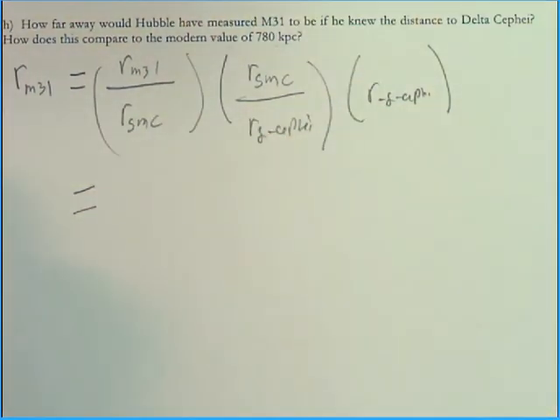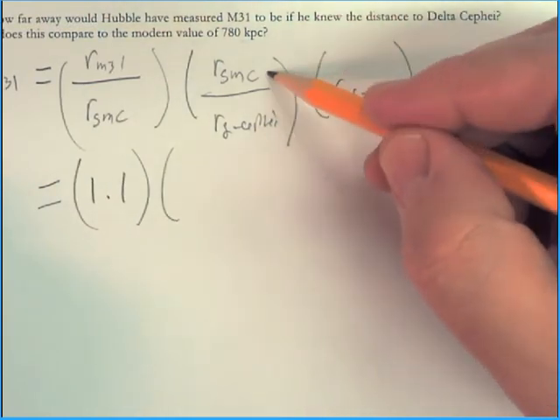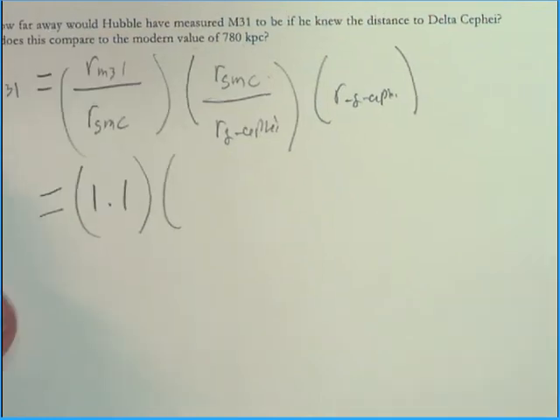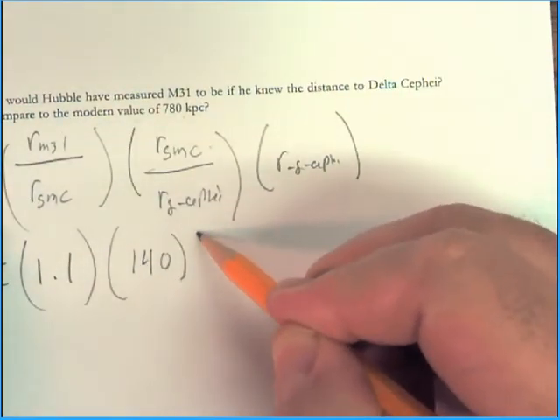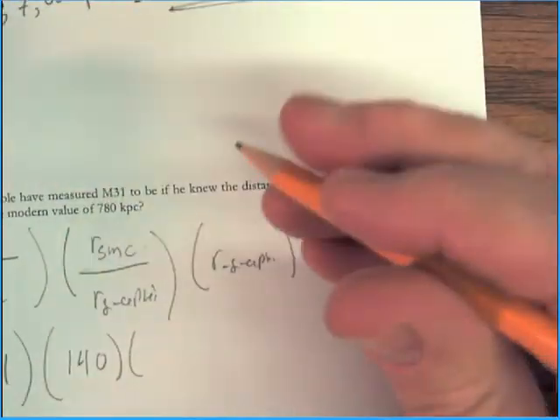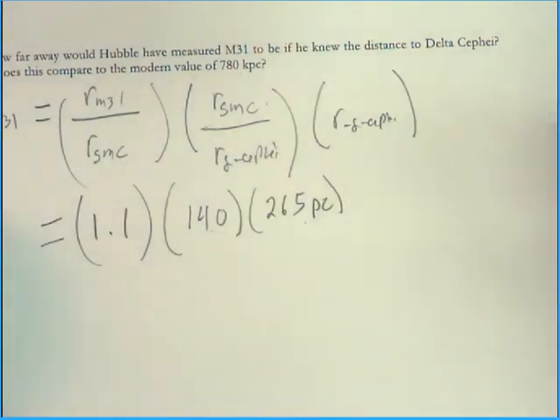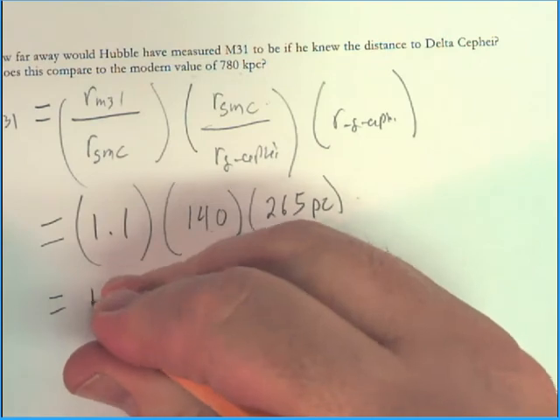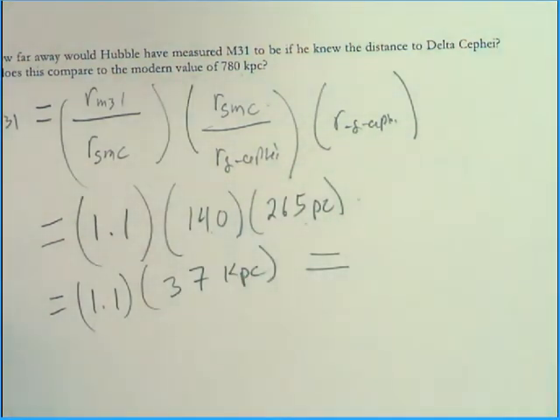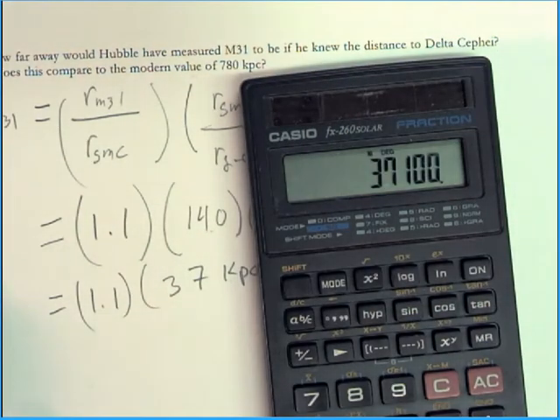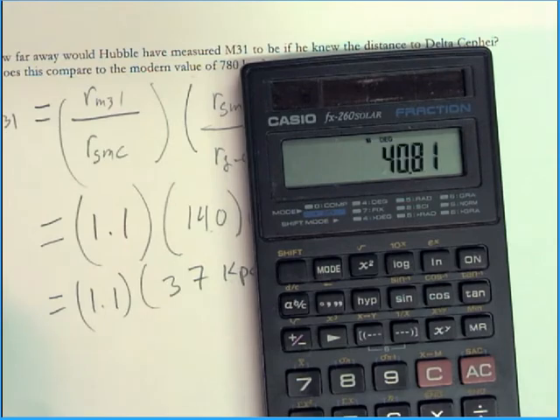So he measured that ratio to be 1.1, and then this ratio, as we just said before, was measured to be 140, and this here was measured to be 265 parsecs, and the product of this and this we already calculated was 37 kiloparsecs. We get 40.